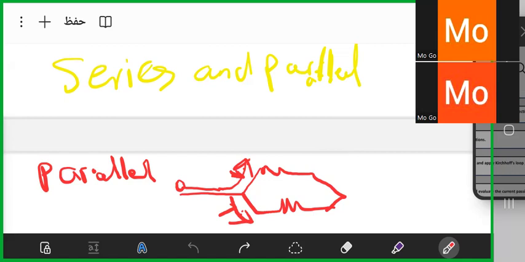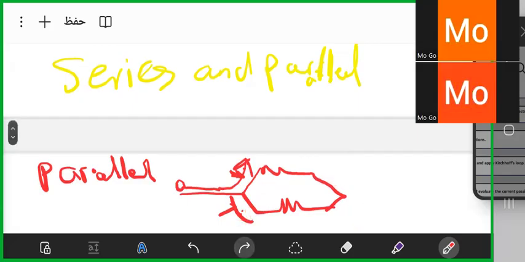That means the current will be divided. The current is different in what is connected in parallel. Why? Because it cannot go in one way. It goes in two ways. That means the current in R1 is not the same as in R2.